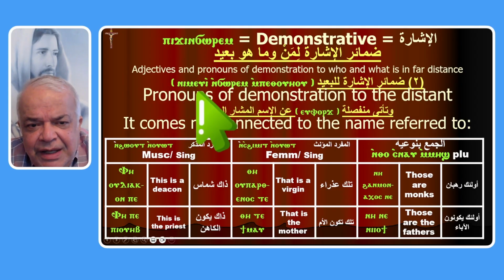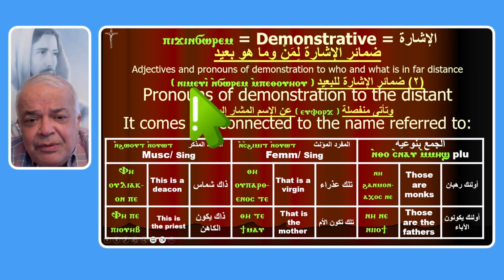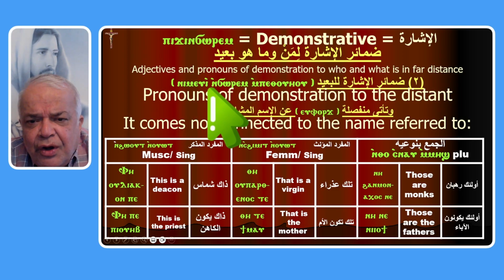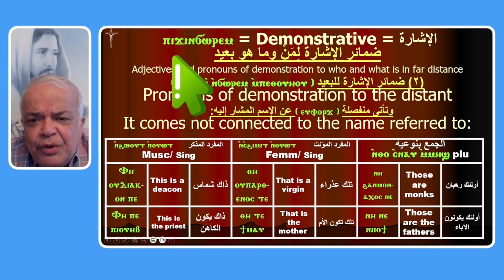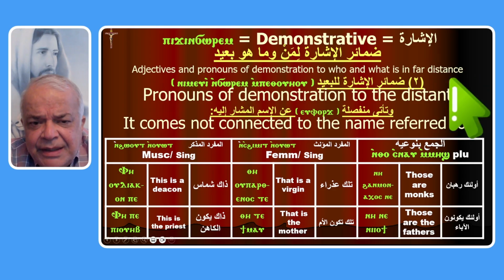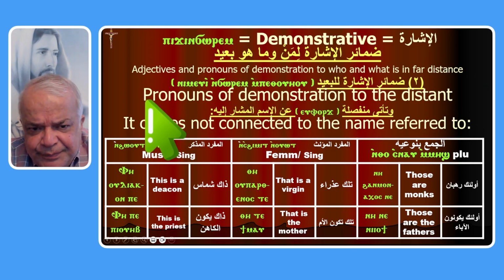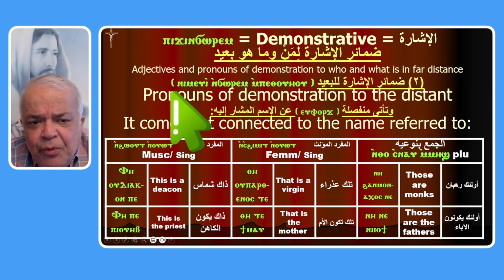So ni mev'i, the ideas. Why do we use the word ideas here? Because in the next slide you'll notice there are no articles of demonstration for the distant or far away place. There are only adjectives, and we'll see how we replace the articles in the next discussion.